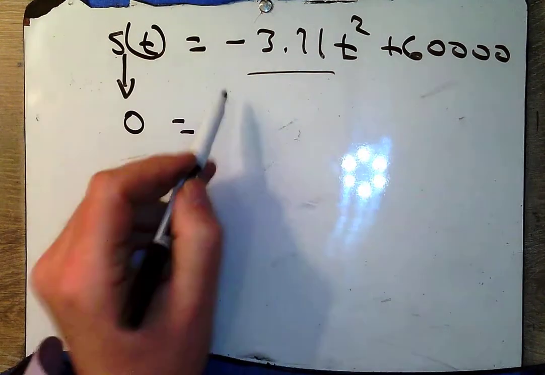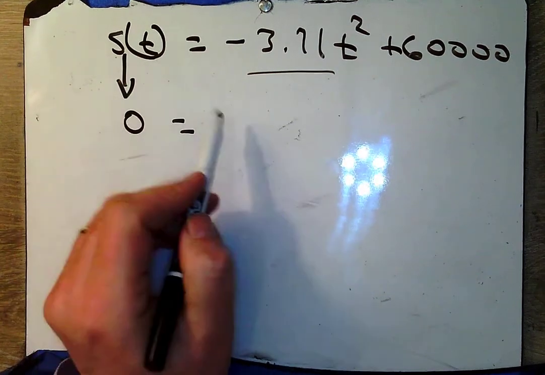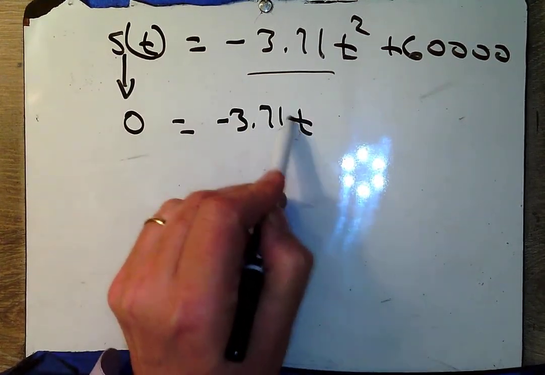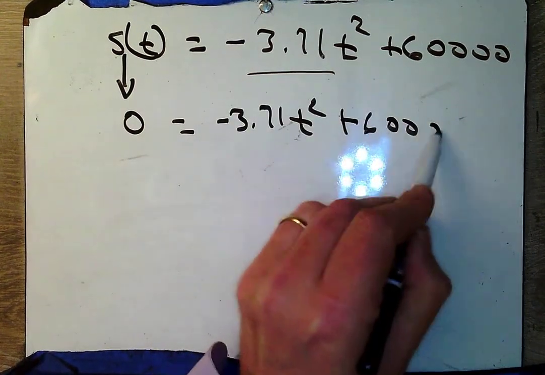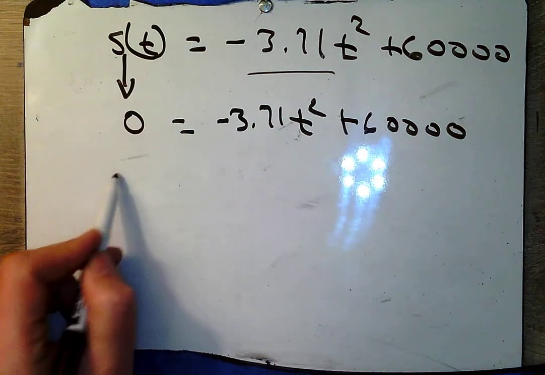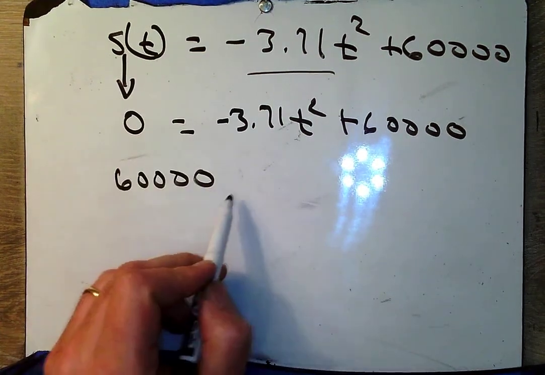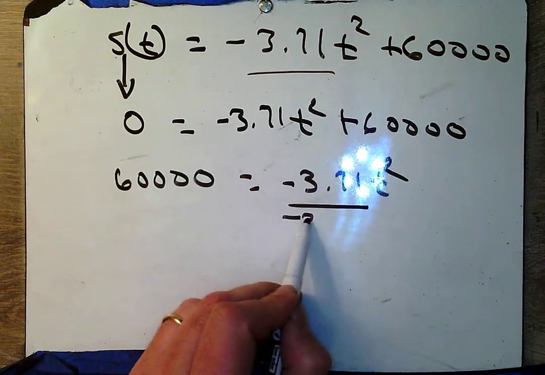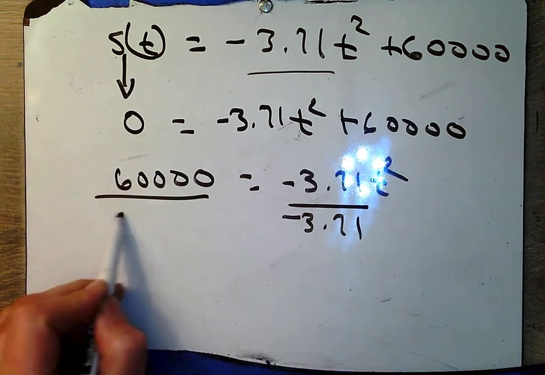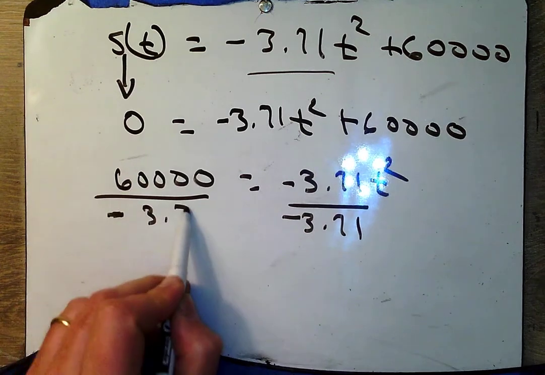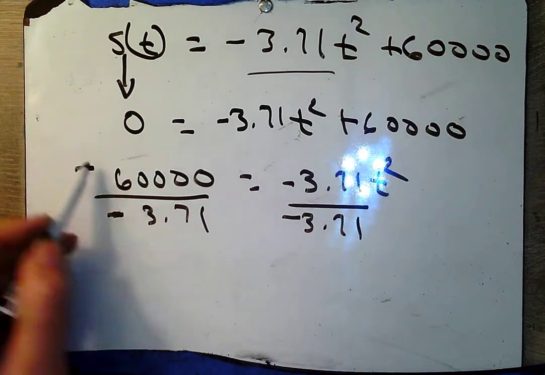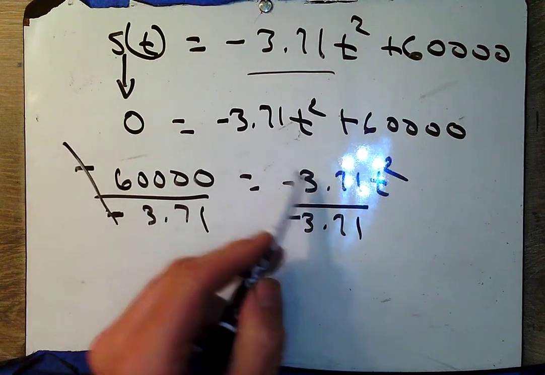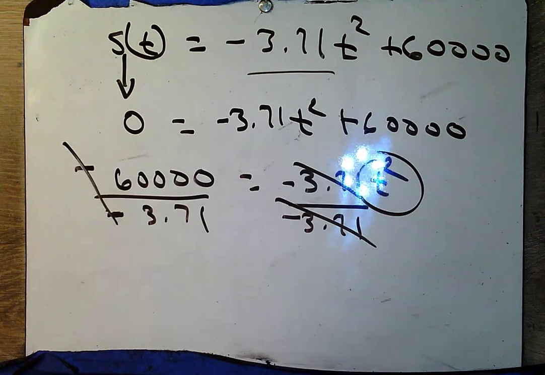Okay, so we're solving this equation. Negative 3.71 t squared plus 60,000, and I'll subtract 60,000 is negative 3.71 t squared, and yes, I'm going to divide by negative 3.71. So negative divided by negative is positive, that's fabulous, and I still need to take the square root.